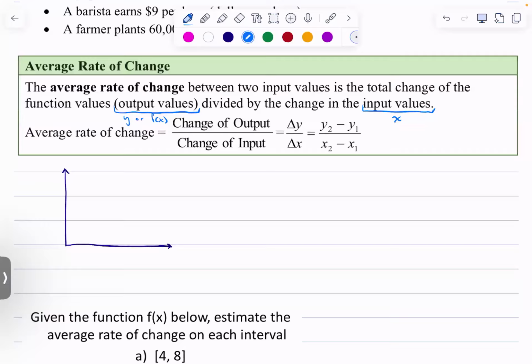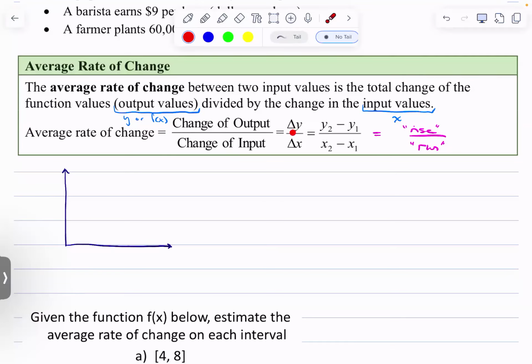Rise over run, right? We have lots of different ways that we could calculate or talk about the average rate of change, but I find that rise over run is the one that's most familiar. But it's really the change of output over the change of input.